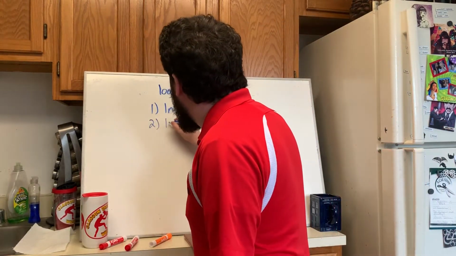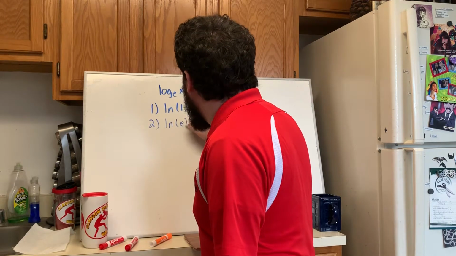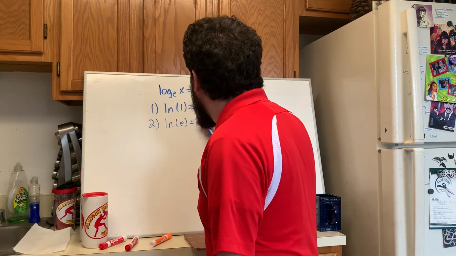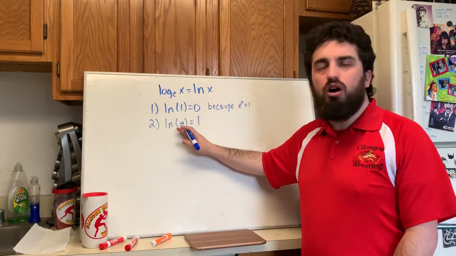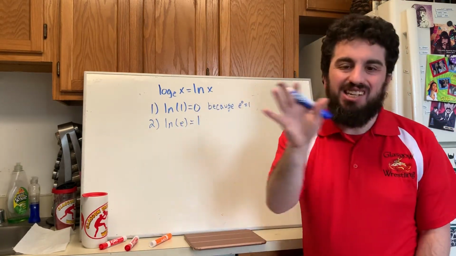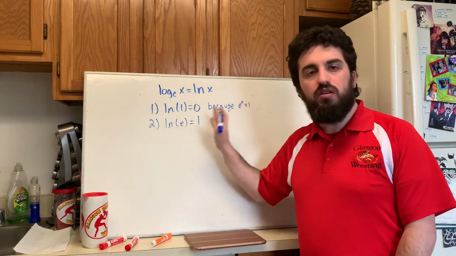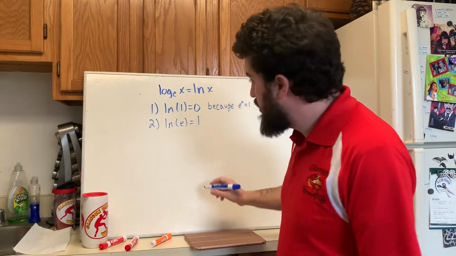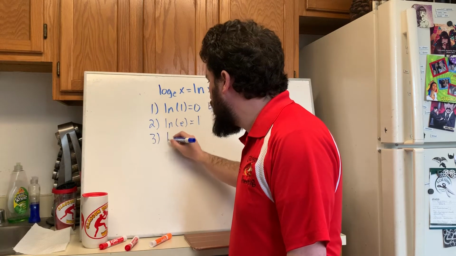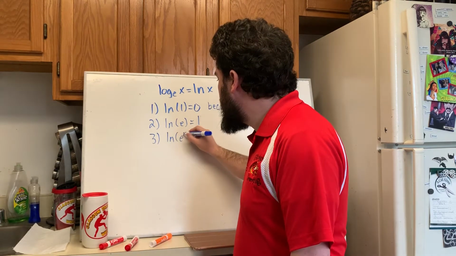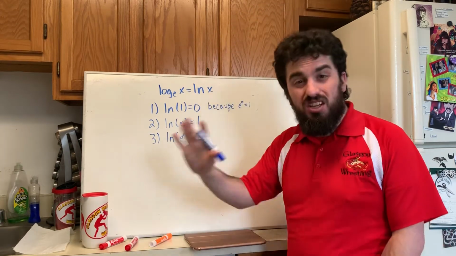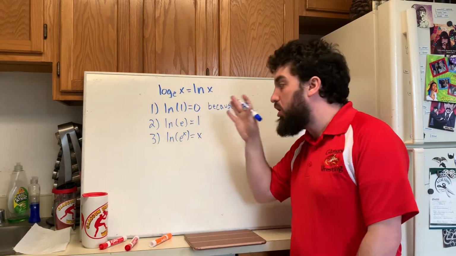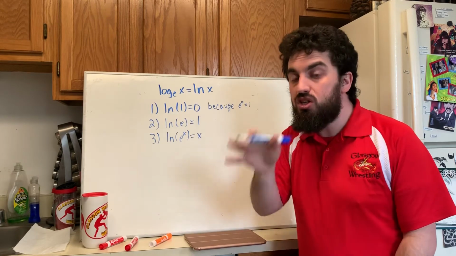Property number 2, the natural log of e is just 1. So natural log undoes base e. Natural log of e to the x is just x, because again, that natural log is undoing base e.